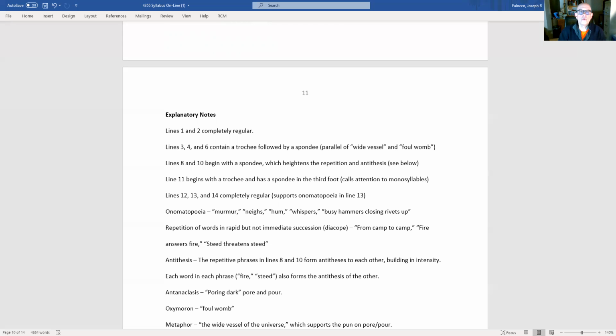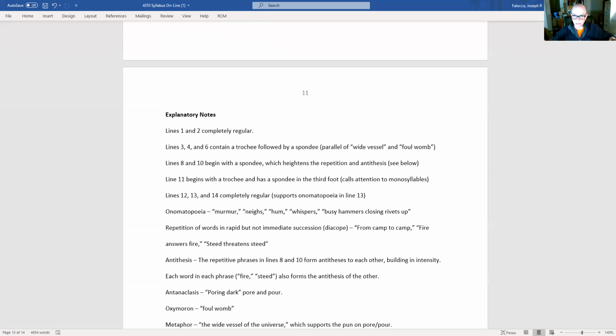We have the repetition of words in rapid but not immediate succession. Now, the technical term for that is probably diacope, but there's another figure of repetition called ploche that's almost the same. This is why I don't try to teach you these definitions, because A, Shakespeare didn't care about the rules. He always bent them to suit his purposes.